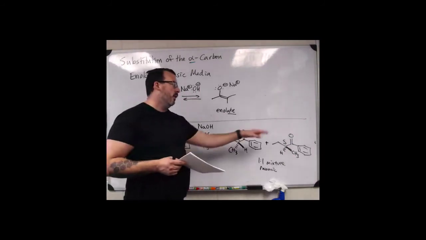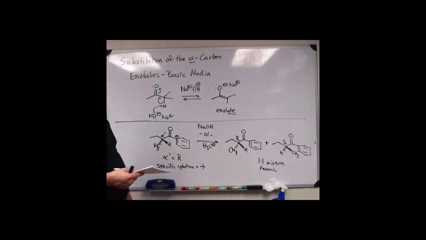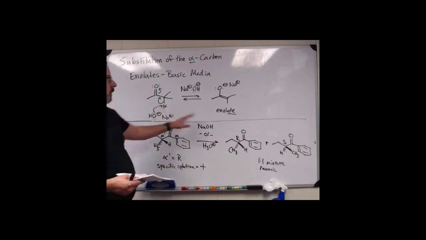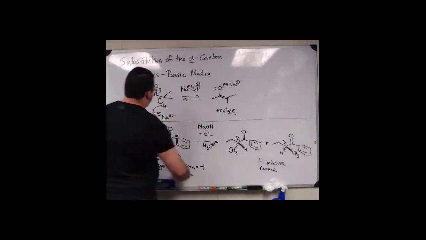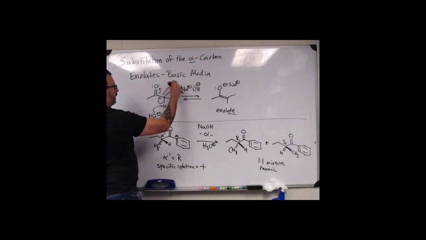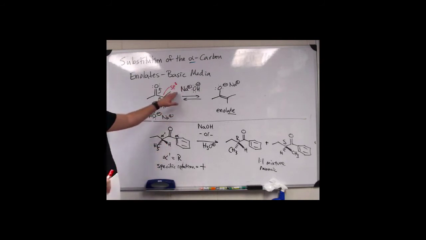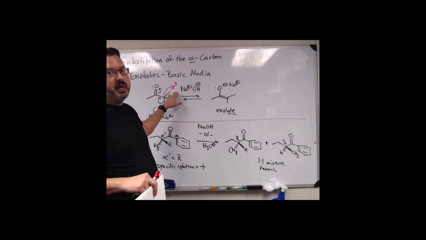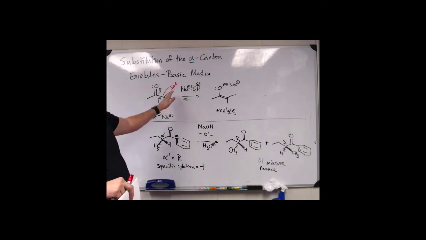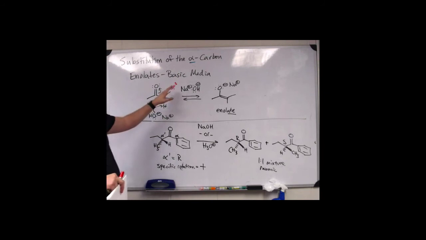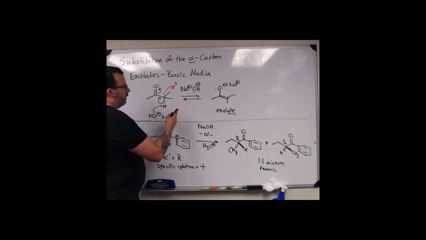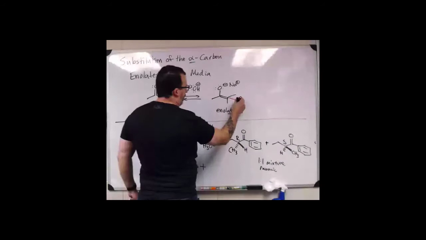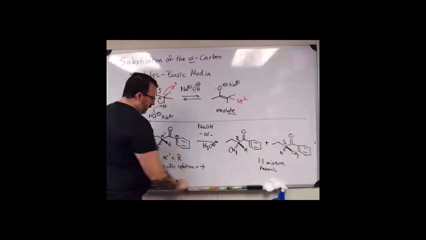And the reason for that is, if we look above, say in this example, why this is important. Any alpha carbon we're starting with must be sp3 hybridized. It has to be. Another stipulation of this chemistry. We need sp3 hybridization to have the acidity. When the enolate or the enol forms, the hybridization changes to sp2.